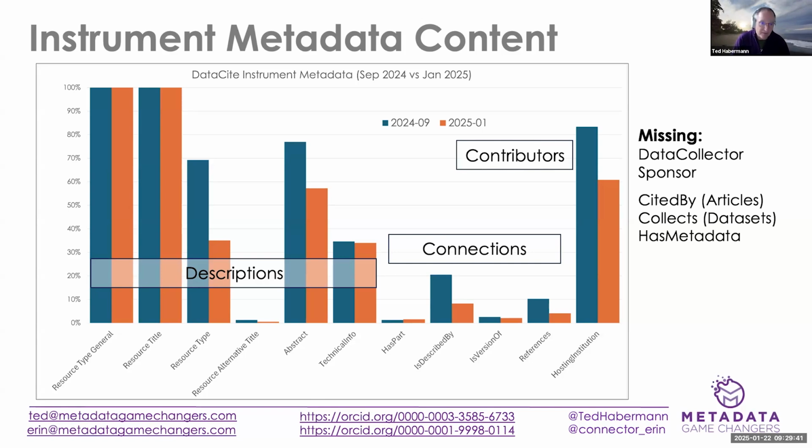We're also missing cited by and collects, which would be used to connect to articles and to data sets, and also has metadata, which is a connection to more detailed metadata for an instrument. So we have a lot of opportunities, and it's interesting that between last September, the historic trends or early adopters, and the people that have added instruments since that time, we've seen a lot of decreases in the completeness of some of these more descriptive elements.